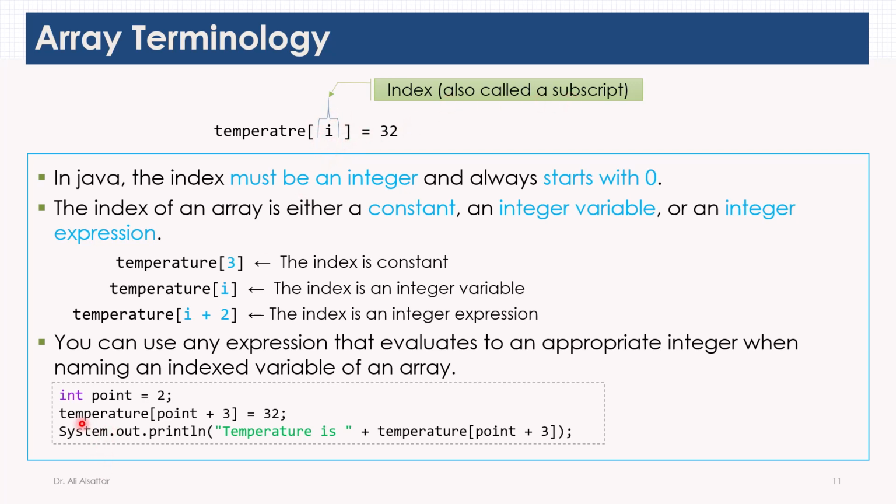This is an example. Suppose the value of point is equal to 2. Now inside the array we are referring to location 2 plus 3, which is 5. So we are saving 32 into location 5, and we are printing the same element using the same expression, which is point plus 3.